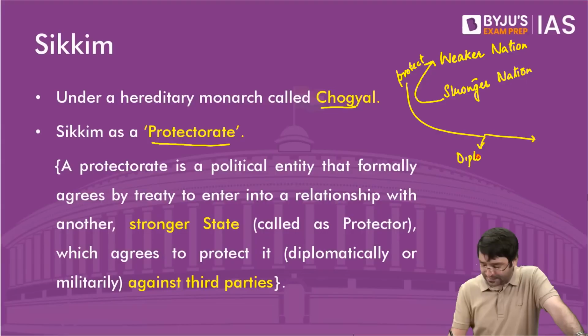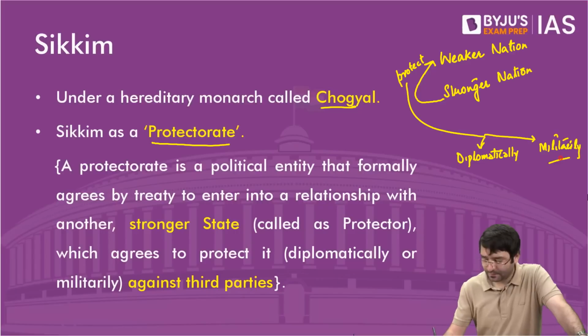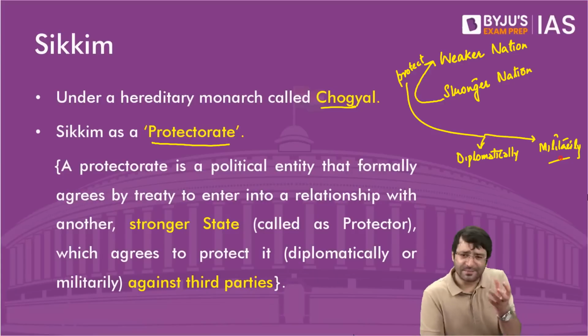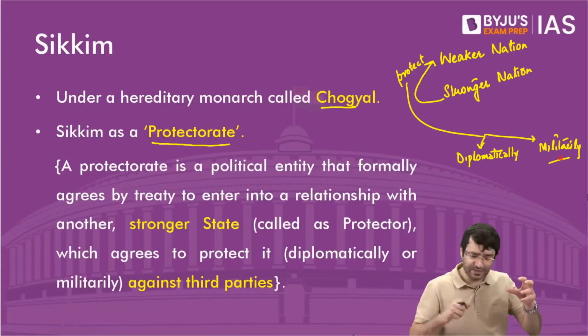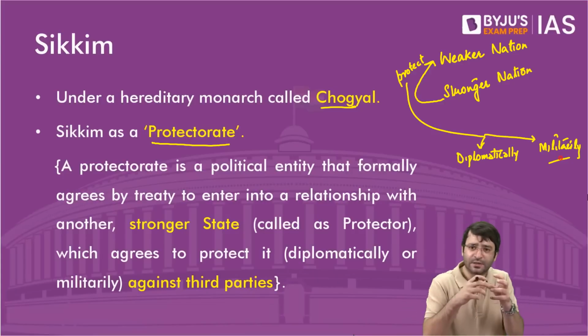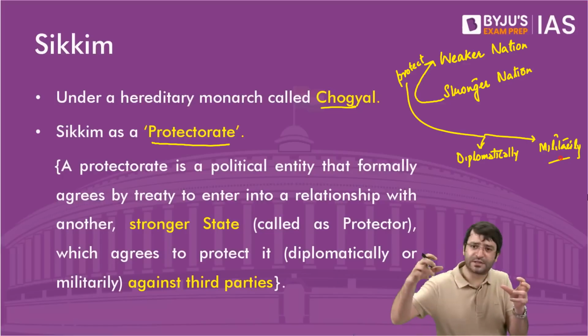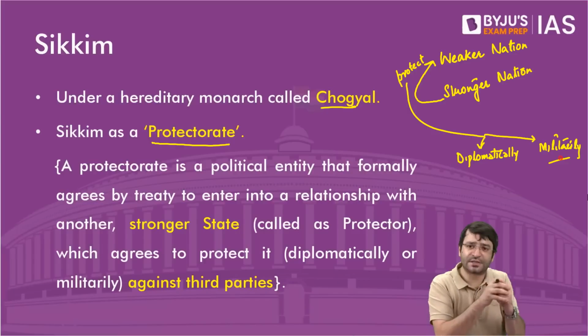Either diplomatically or militarily. Sikkim is a weaker nation. India is a stronger nation. Sikkim and India came to an agreement through which Sikkim became the protectorate of India. That means India will protect this weaker nation known as Sikkim.